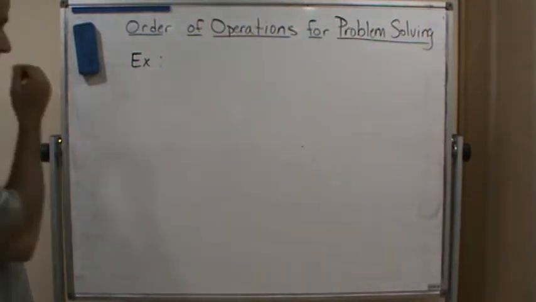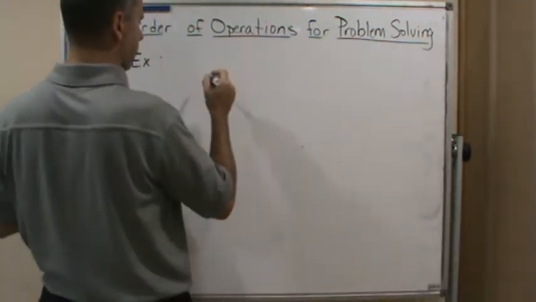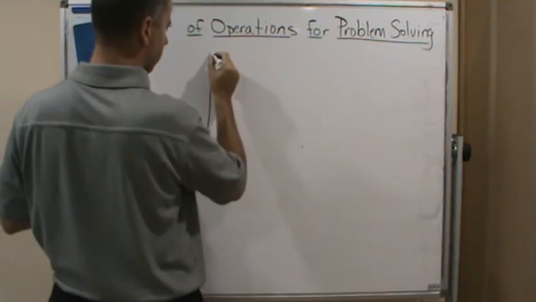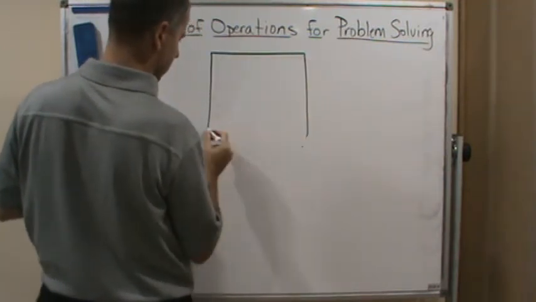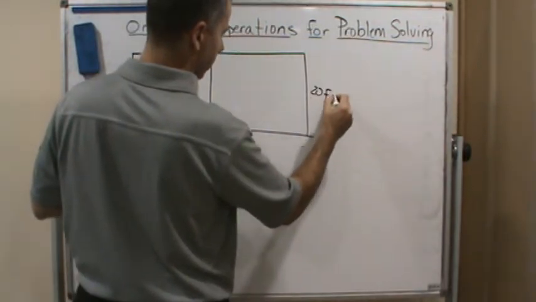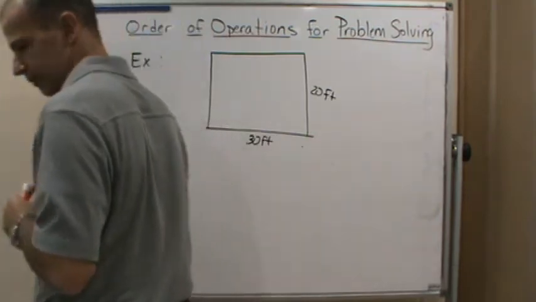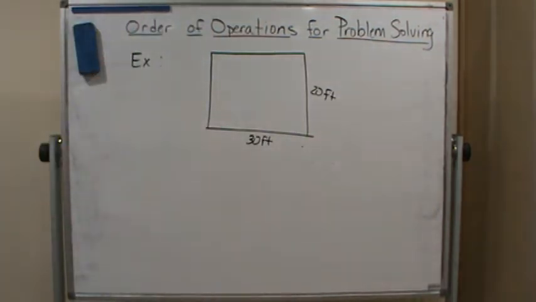Okay, so let's do this. Let's draw a picture. Let's say our roof measures 20 feet by 30 feet, right? That's what they said. Let me double check. Yeah, 30 by 20.